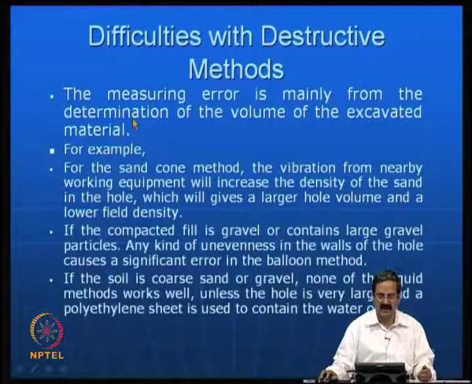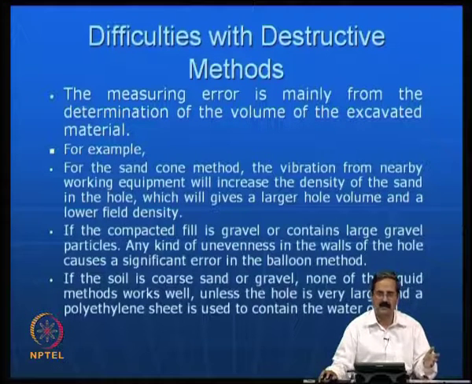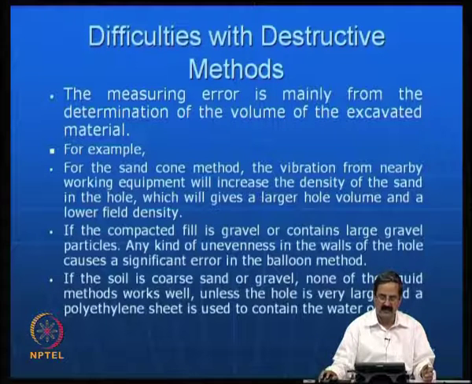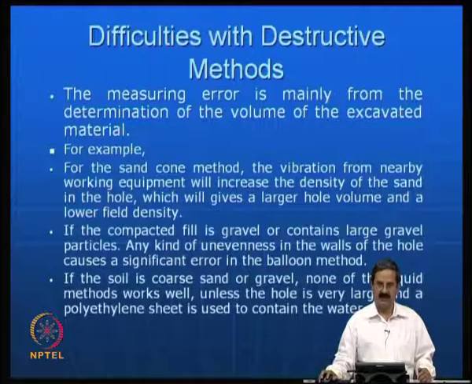In the destructive methods, whether you take 1 point or 10 points or 100 points, or you have specifications like one sample for 1000 square meters, the problem is that there could be some sort of errors. The measurement error is always from the determination of the volume of the excavated material.